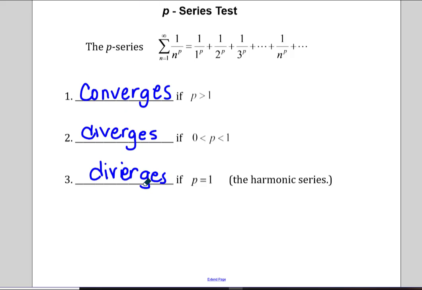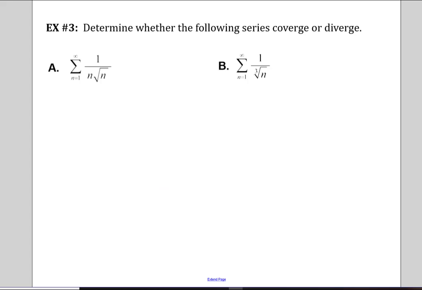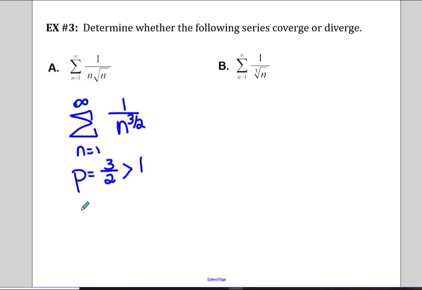Okay, so let's give some of those a try. Determine whether the following series converges or diverges. In this case, we have the summation from n equals 1 to infinity of 1 over n to the 3/2 power. My power is a fraction, 3 over 2, and that's larger than 1.